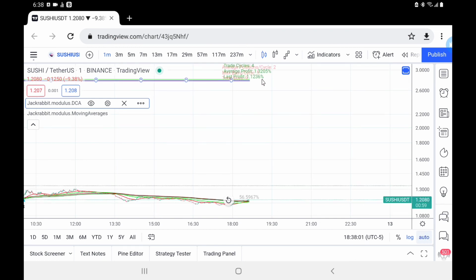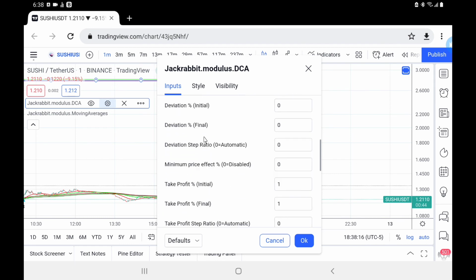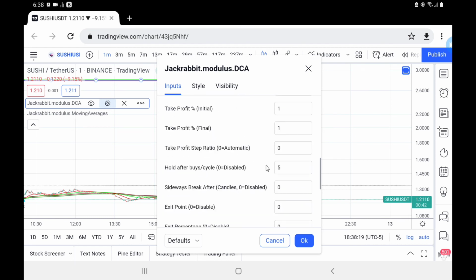They excel at making sure you have the constraints and controls you want. So four trade cycles. Now let's go back down to one position.